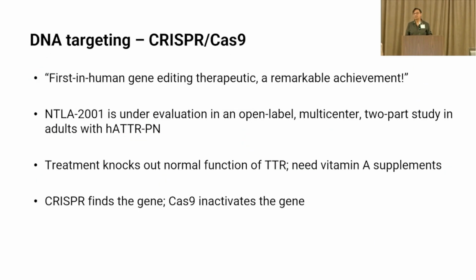Okay, so this is a remarkable achievement. It's the first in-human gene editing therapeutic ever made. The phase 1 trial was quite successful. Now, because this treatment does knock out the normal function of transthyretin, you have to take vitamin A supplements. Okay, so if anybody asks you, CRISPR finds the gene and Cas9 inactivates the gene.